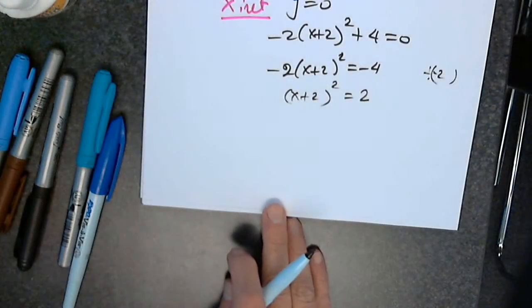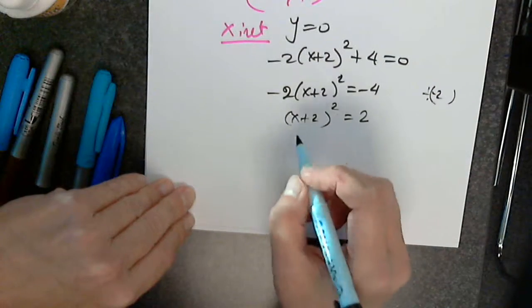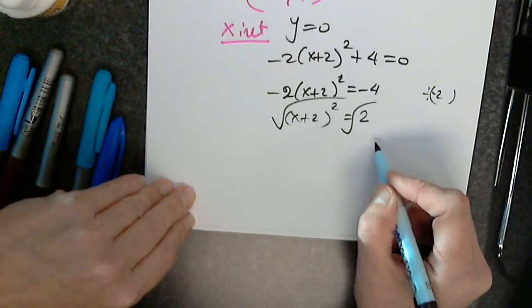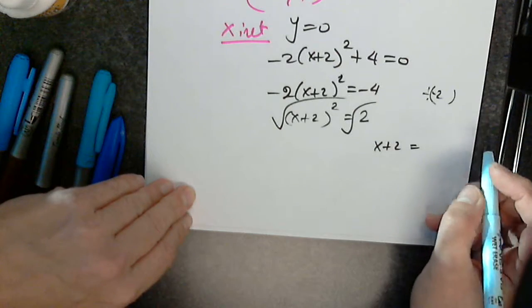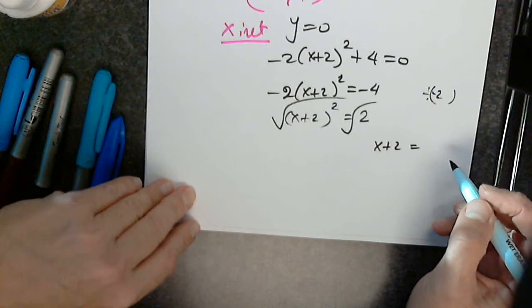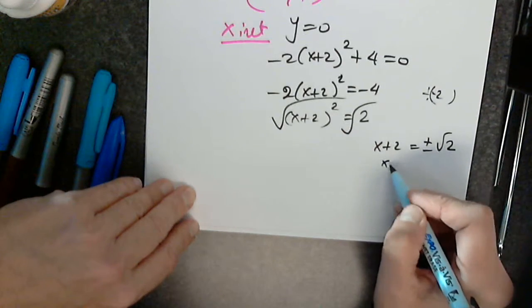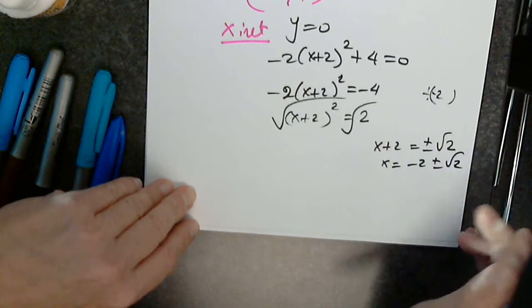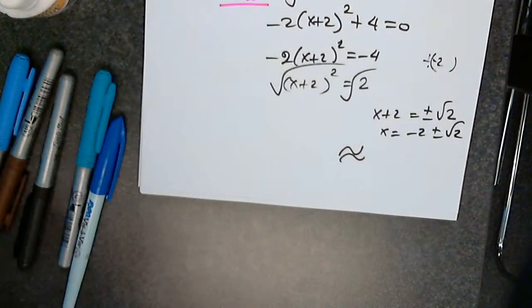And I know what to do with this. Again, from chapter 1. Take the square root. How many solutions do I have to get? So then x plus 2 must equal plus or minus the square root of 2. So x equals negative 2 plus or minus the square root of 2. I have no choice but to approximate these two.